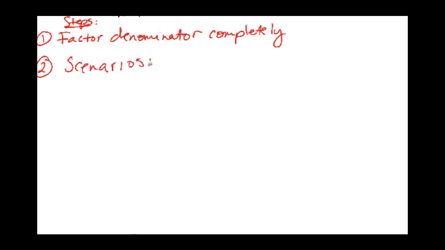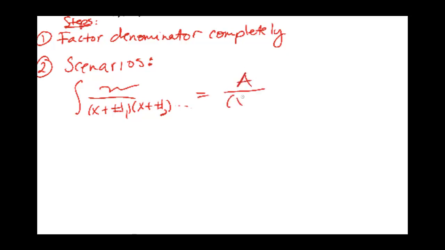So, first scenario is going to be you have whatever on top and the product of linear factors on the bottom. And what you do there is you separate them with a single letter on top, however many there are.